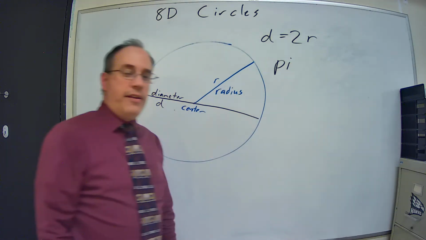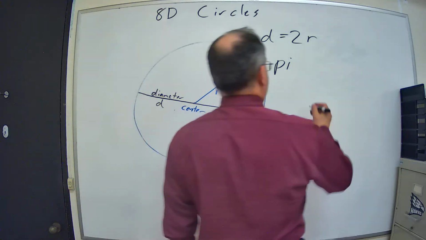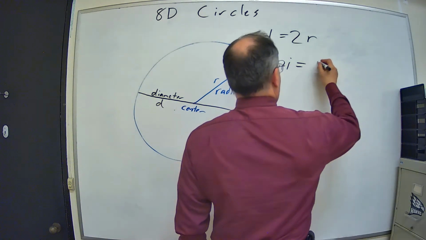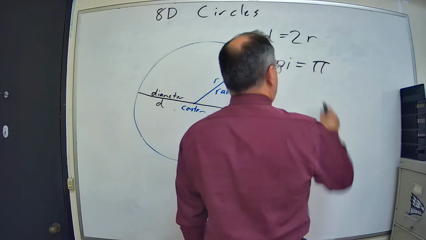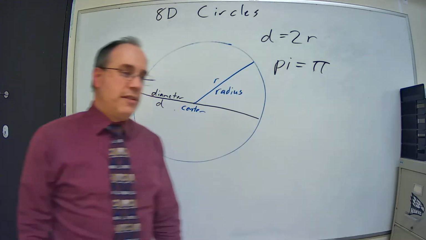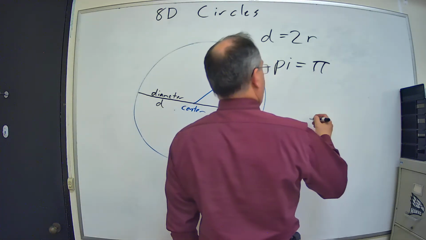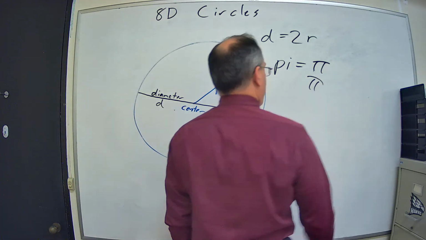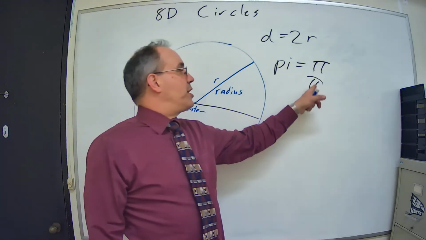Pi. It's a Greek letter. Looks a bit like that. So there's pi. When I write it quickly, it tends to look a little bit more like this. That's the Greek letter pi.